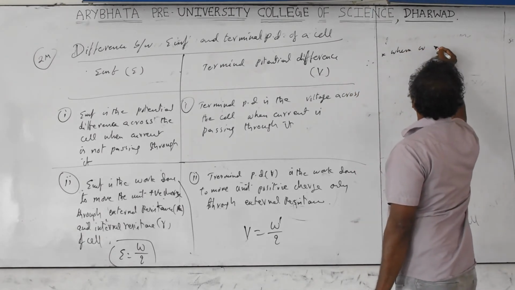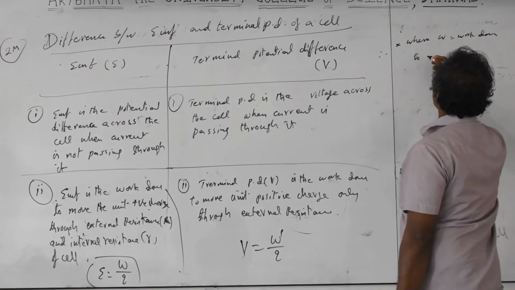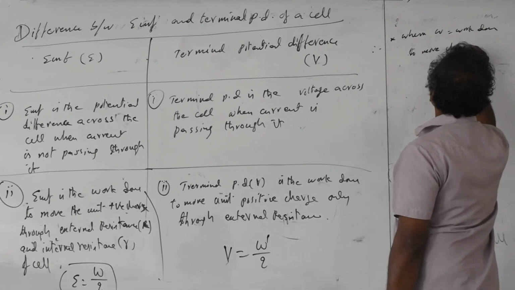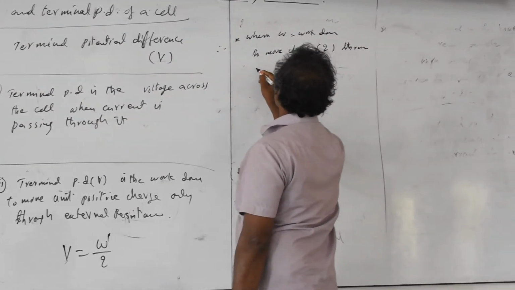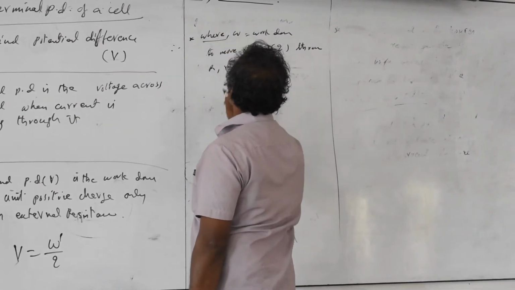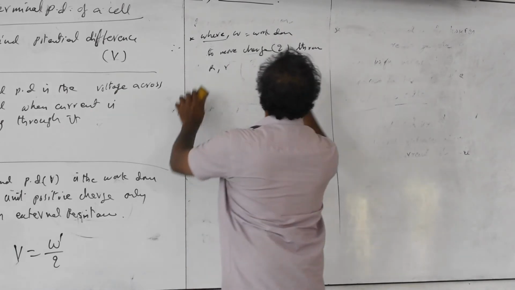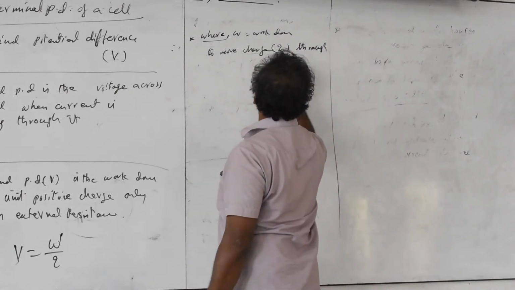W is the work done to move charge Q through R and r.